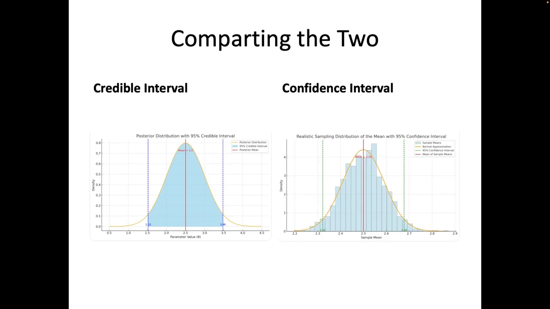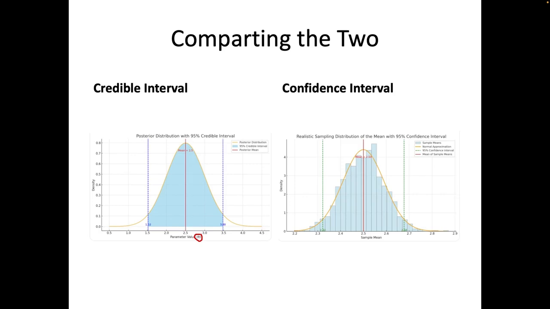In Bayesian statistics, a credible interval represents the range within which the parameter, theta, is believed to fall with a certain probability, given the observed data and prior beliefs. For instance, a 95% credible interval means that there is a 95% probability that theta lies within the interval based on the updated beliefs. In contrast, a frequentist confidence interval reflects the reliability of a procedure.